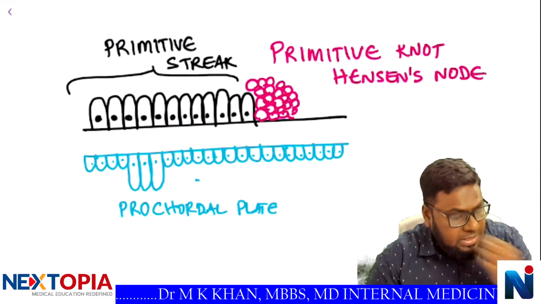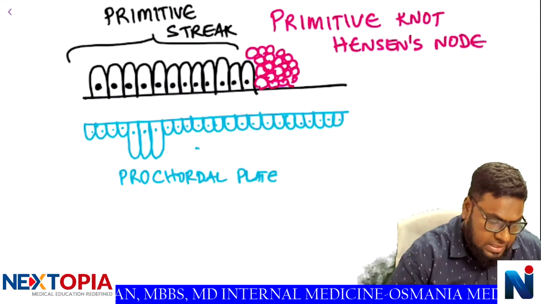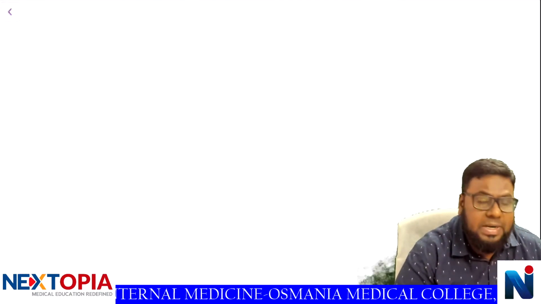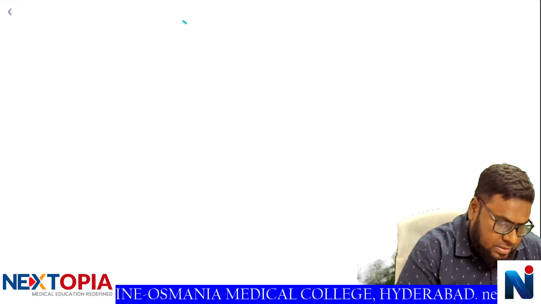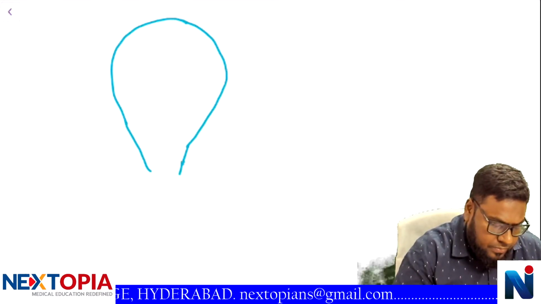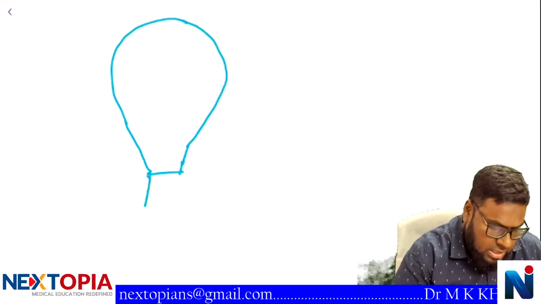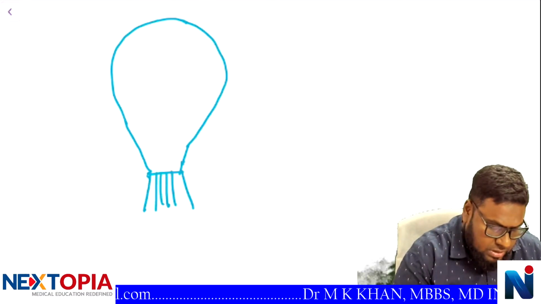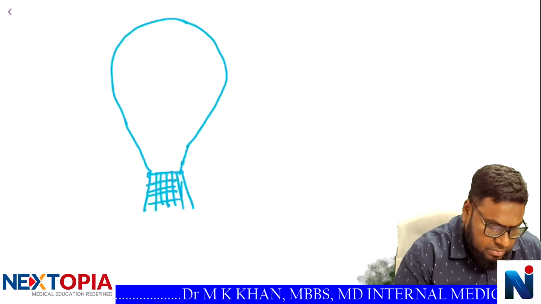If I try to draw this in a developing embryo, it looks something like this. I'll draw it here separately. So this is the developing embryo. It has got a stalk with which it is attached to the endometrium.